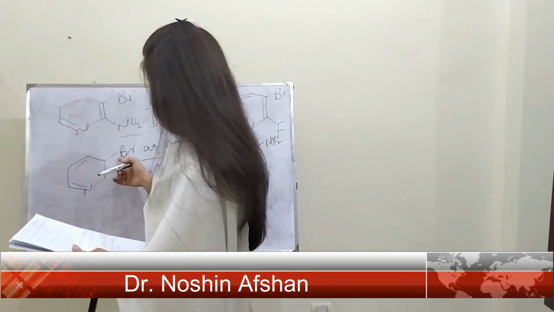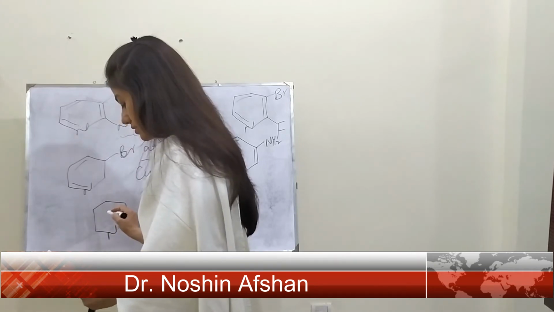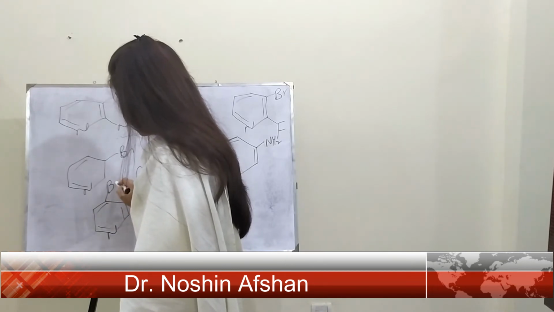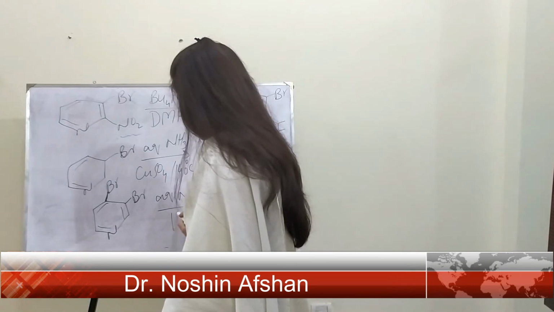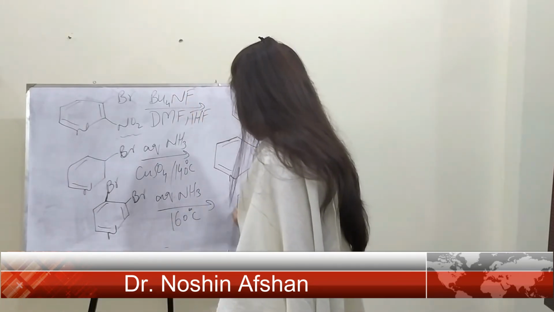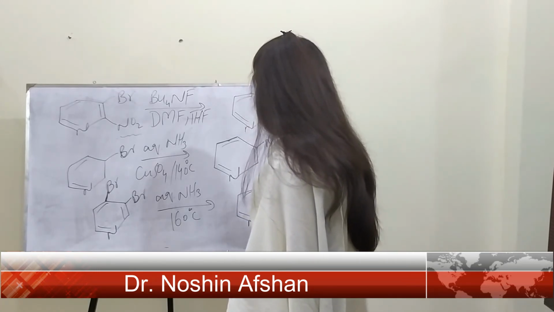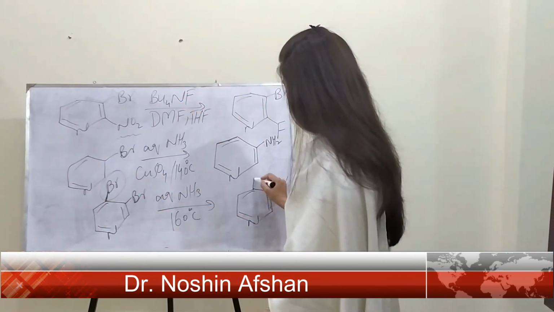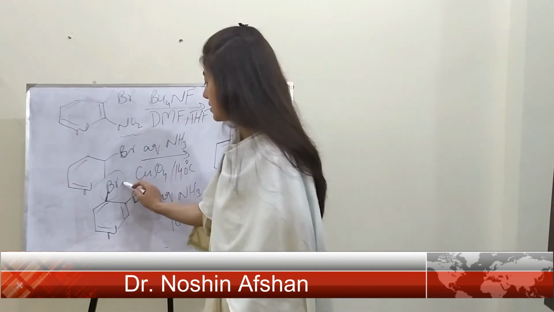Then the other example is, if we take 3,4-dibromopyridine as our starting material and treat it with aqueous ammonia at 160 degrees Celsius, then in this case this gamma bromine would be replaced first and the amine group NH2 would take its position over here.